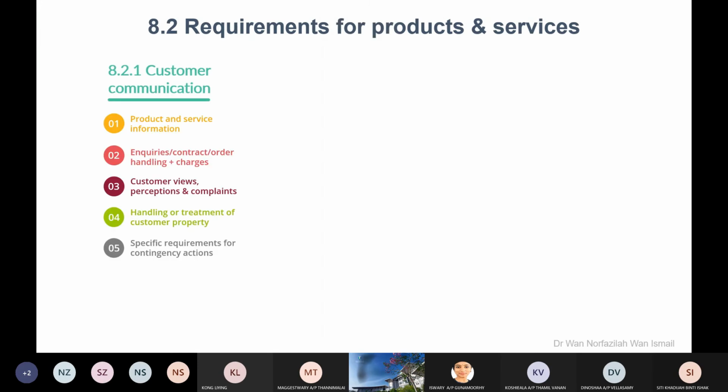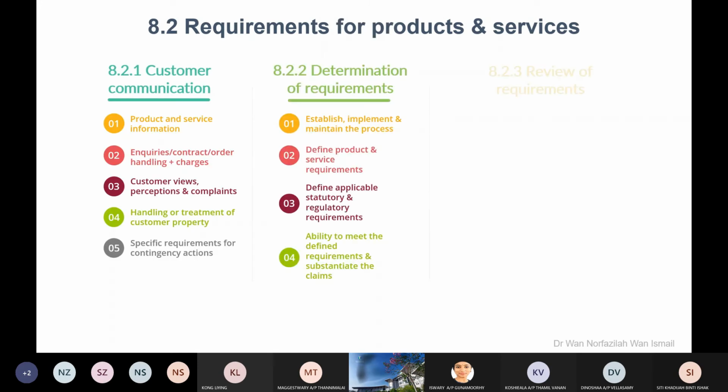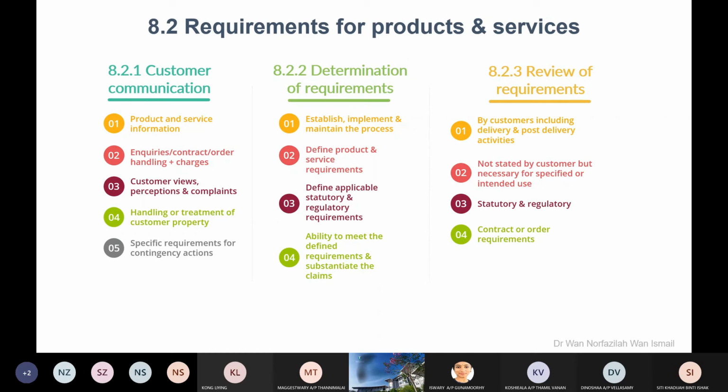Next, 8.2, requirements for products and services. So you need to know what the requirements are and how to fulfill these requirements. So it is for products and services. Labs do not only synthesize new materials.